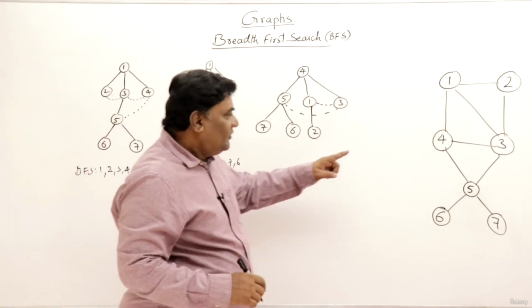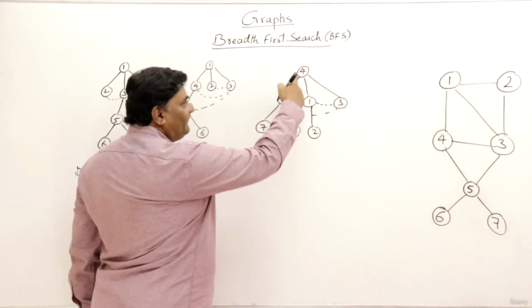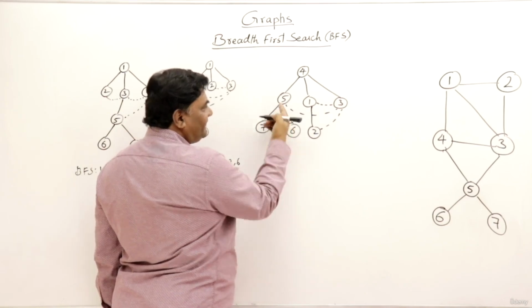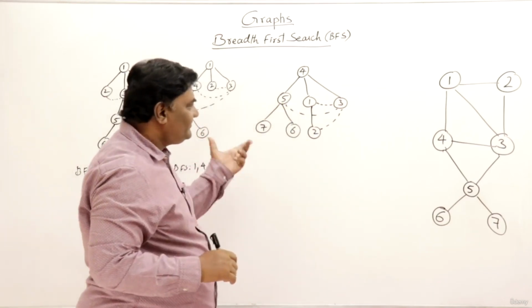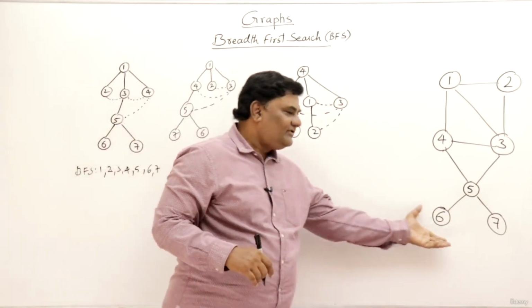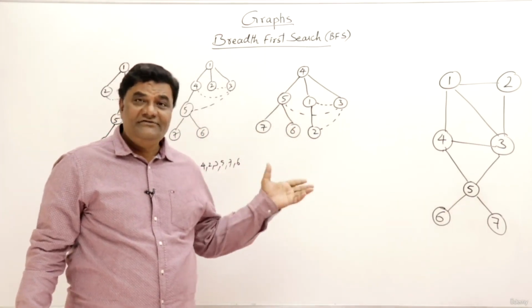Then for next 3, who is adjacent for 3? 2, 5 and 4. So 4 is coming from 2, I should draw an edge, right? 5 already there is an edge. That's all. Next, I should go to adjacent vertices of 7 and 6. So there are no adjacent vertices of 7 and 6. I got this result. The tree is different.